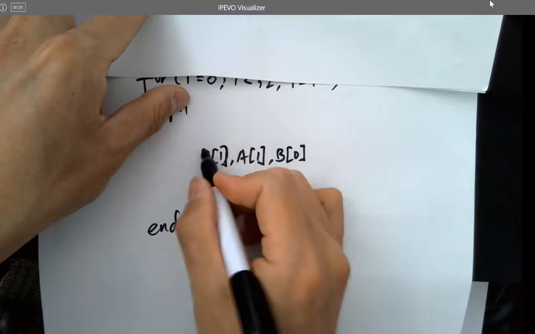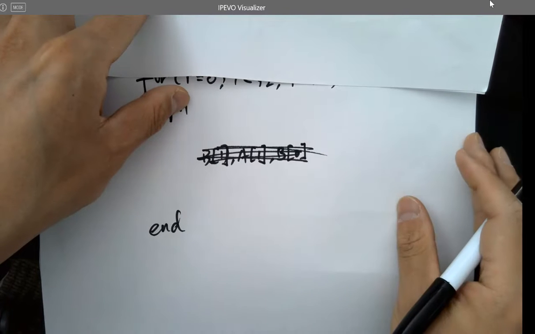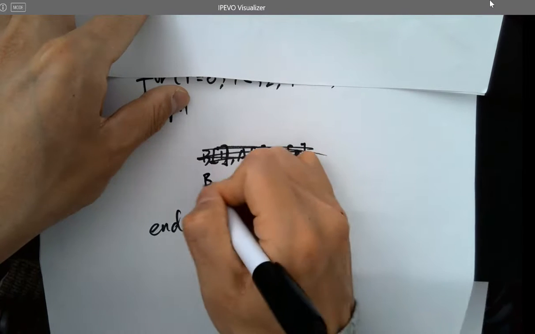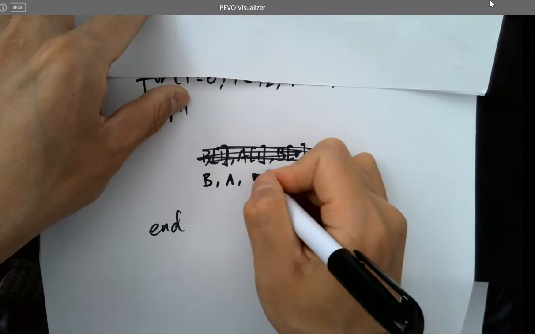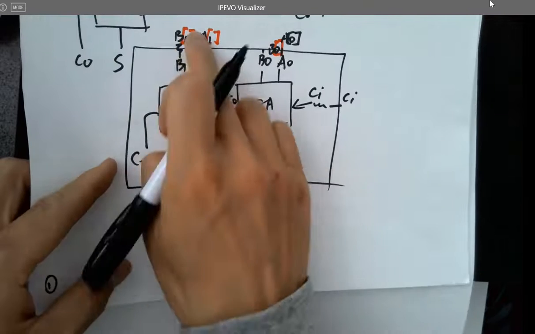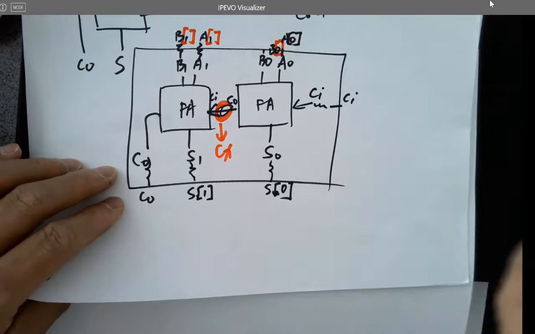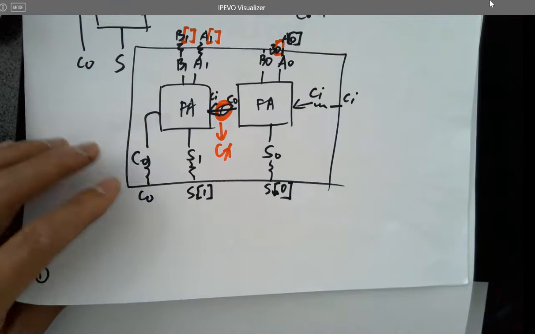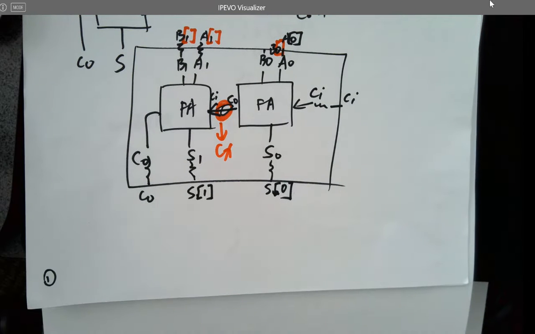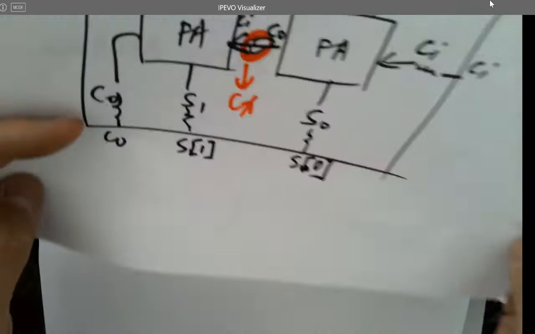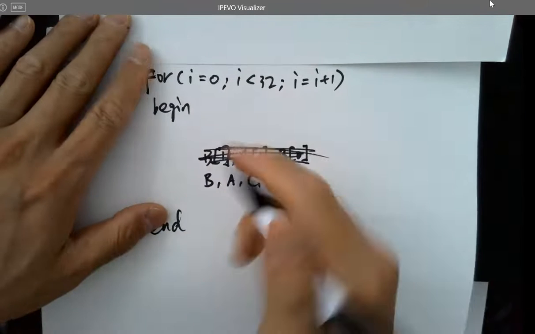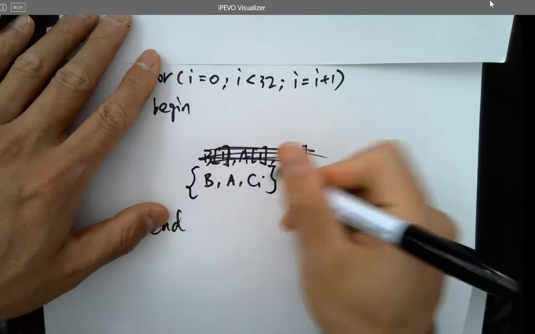I don't want to do that. So just do this, B, A, C, I. Okay, B, A, C, I. It's just 5 bits. Doesn't matter which one you want to flip first. 5 bits, 2 to the 5th number of combinations. It's going to explore all the possible inputs. Use a curly bracket.